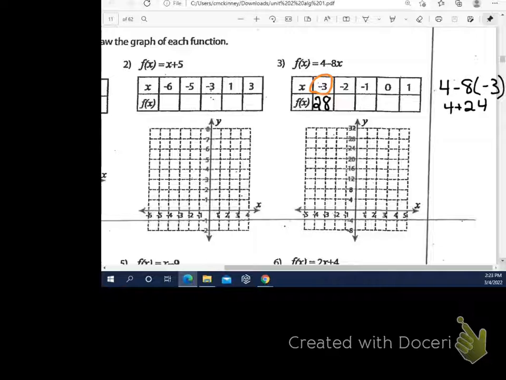Then I'm going to do 4 minus 8 times negative 2. So then I have 4 plus 16, which is 20. Then I'm doing 4 minus 8 times negative 1. So I get 4 plus 8 is 12.